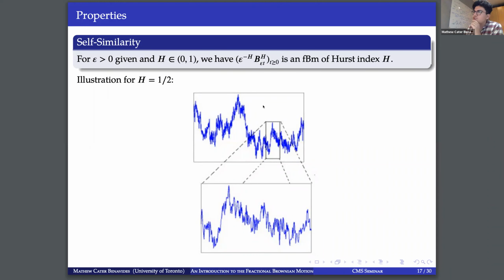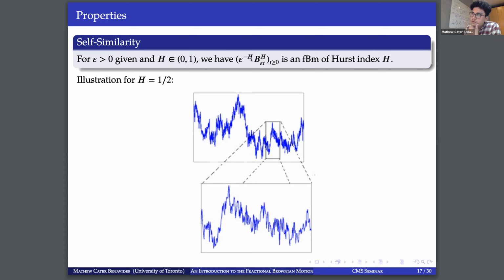So if we actually just look at the equation, what this is saying is if you take some time scaling, i.e. fix some epsilon and scale the time, which is to zoom in or out on the x-axis or the t-axis, then should you account for that with some special corresponding space scaling, i.e. the height, then your resulting process will still be equal in distribution to the fractional Brownian motion.